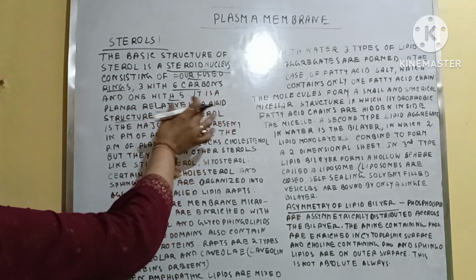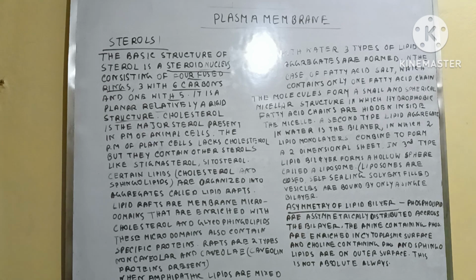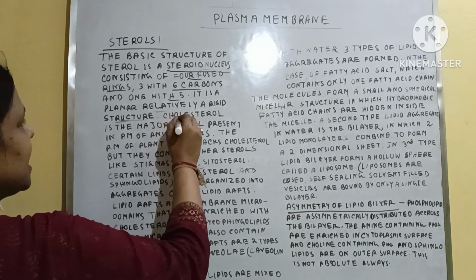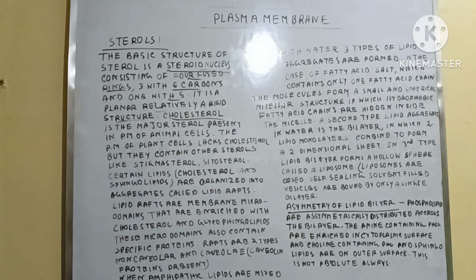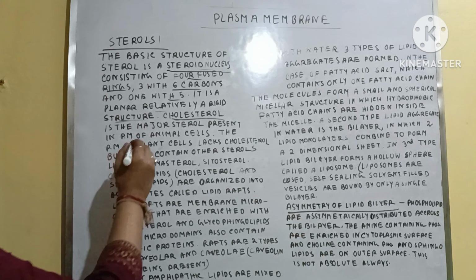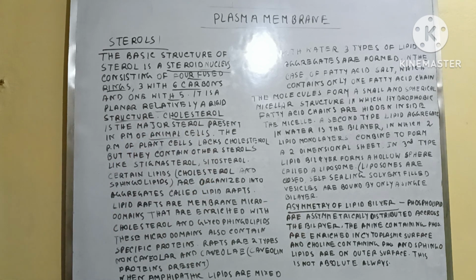This is a very rigid structure. And cholesterol is the major sterol present in the animal cell, but plant cells lack cholesterol.